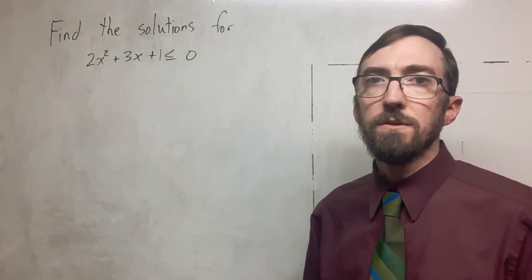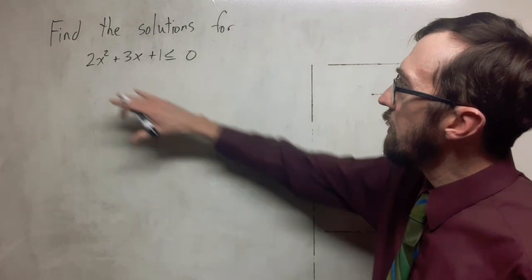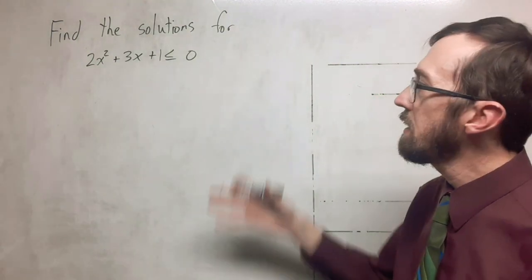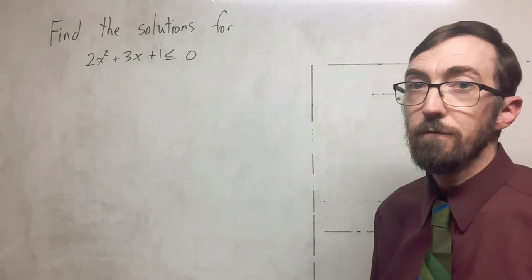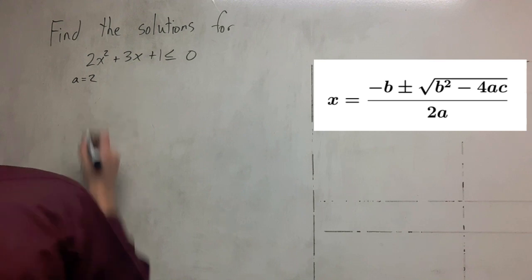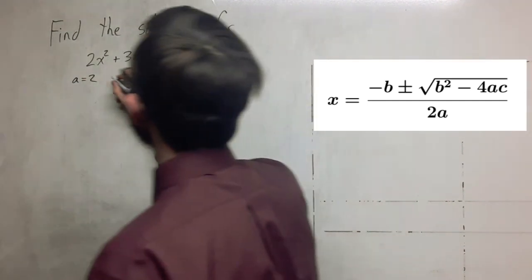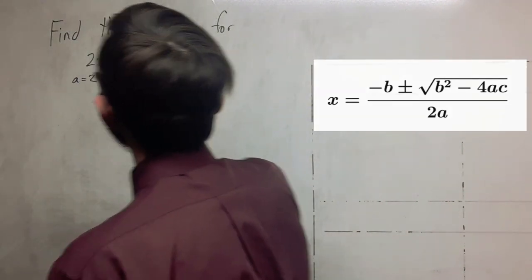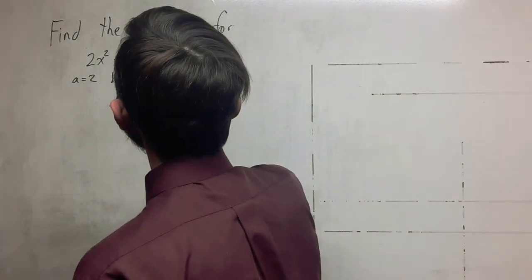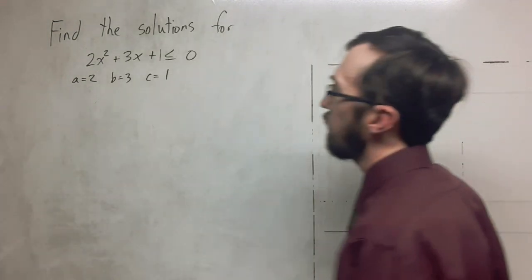All right, let's take a look at this problem. As I did before, I'm going to look for my a, my b, and my c values. I'm going to plug that into the quadratic formula. A is going to be 2. It's the coefficient in front of x squared. B will be 3. It's the coefficient in front of x. And then the intercept at the end here will be 1.